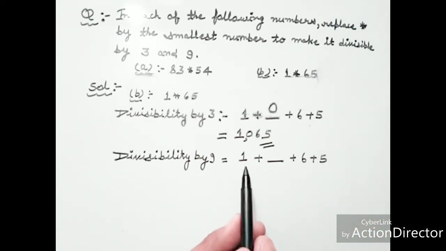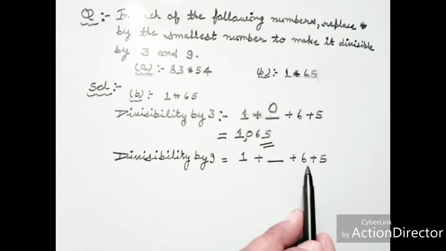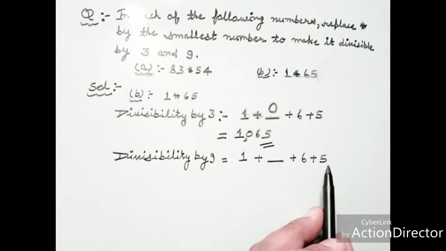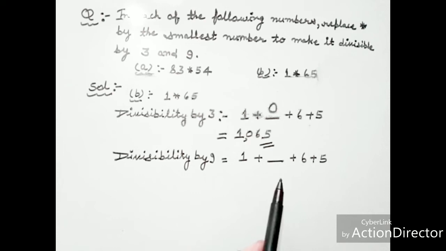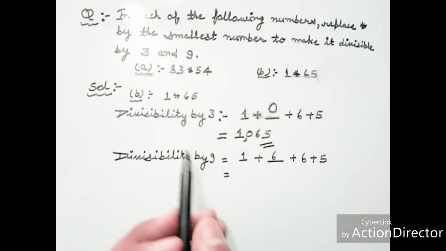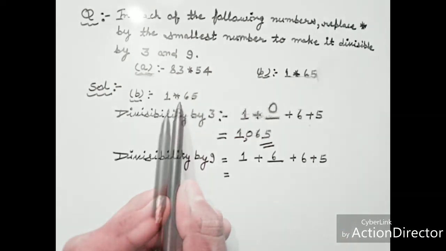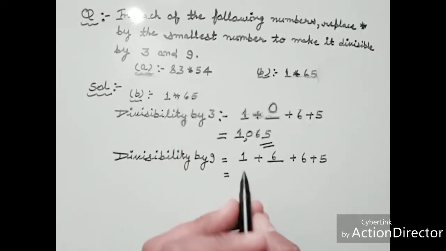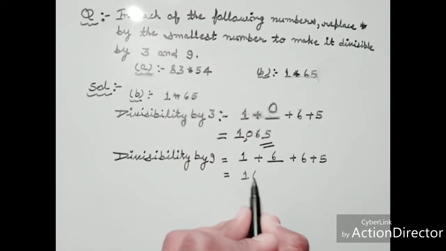Now 1 plus 6 is 7, and 7 and 5 is 12, and 12 is not divisible by 9 because 9 ones are 9 and 9 twos are 18, but 18 is divisible by 9. So we take 6 here. 1 plus 6 is 7, and 7 and 6 is 13, and 13 plus 5 is 18. So we replace this star by 6, then the number is divisible by 9.